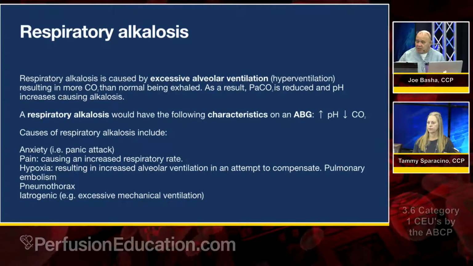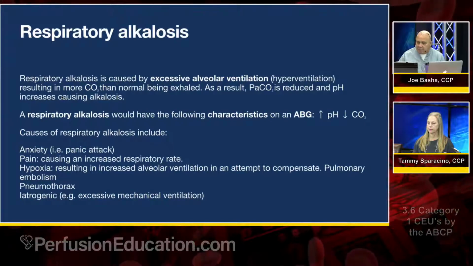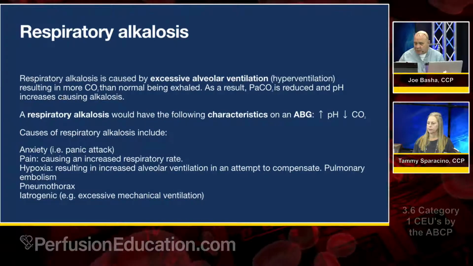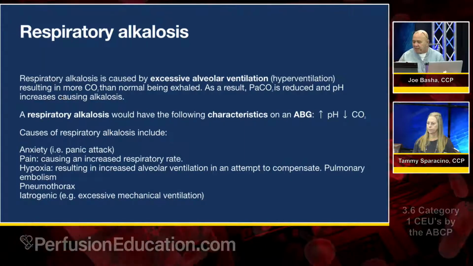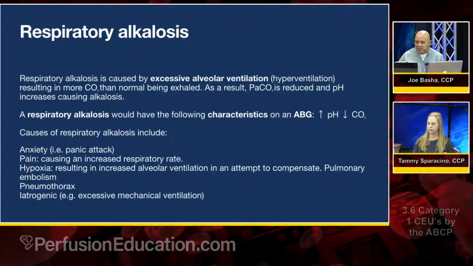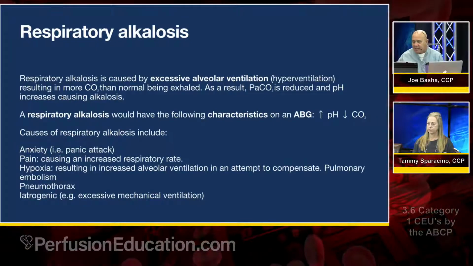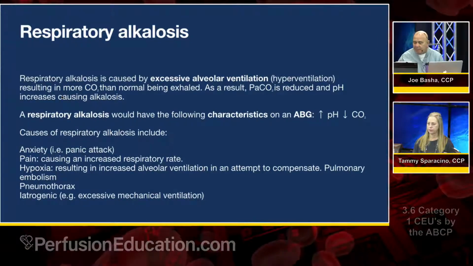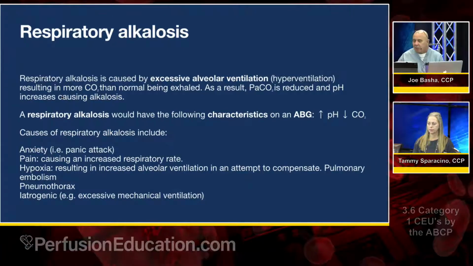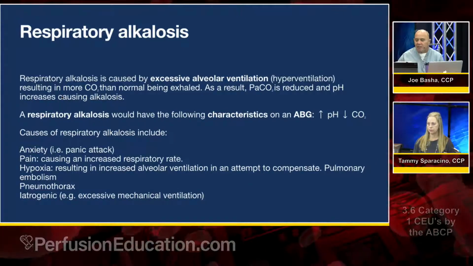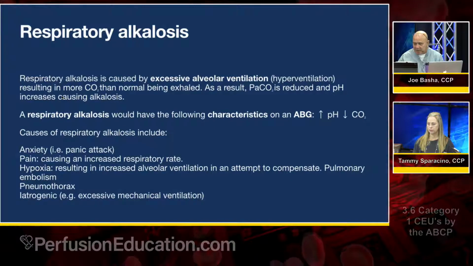Respiratory alkalosis, on the other hand, you have a reduced PaCO2 and an increase in pH. It's characterized by causes like anxiety, panic attack, hyperventilation, pain. You have an ECMO patient who has high anxiety, is uncomfortable, over-breathing the vent, doing all those things that can affect your blood gases.